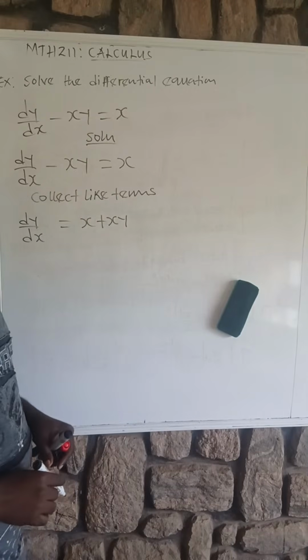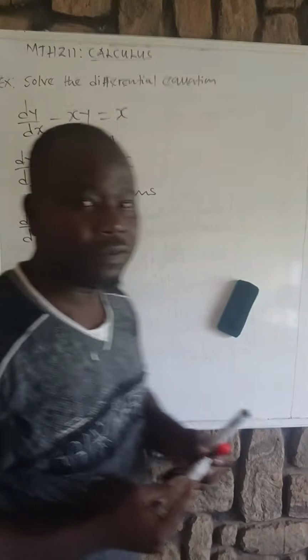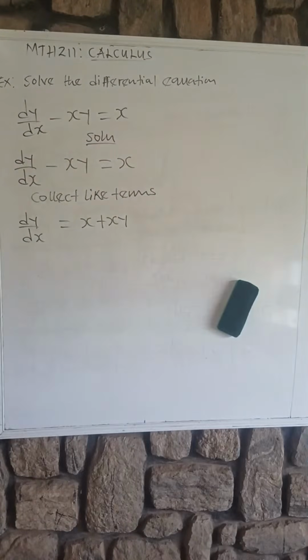True or false? Look at the board. True or false? Somebody should answer me. Emmanuel, I love that, you are following. Plus. Yeah. True. Right? Okay. So what are we going to do?